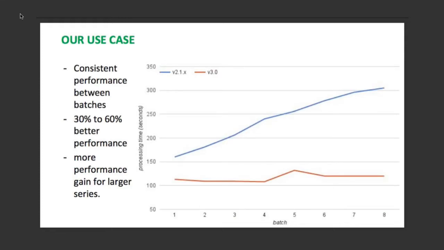For my use case specifically, we managed to get consistent performance between batches, whereas previously it degraded over time as the series got bigger and bigger. So we got about 30 to 60% better performance there, and the biggest performance gains are when the series gets longer.